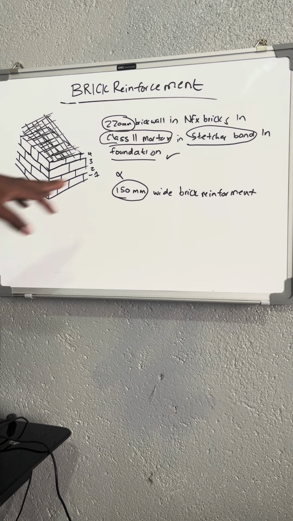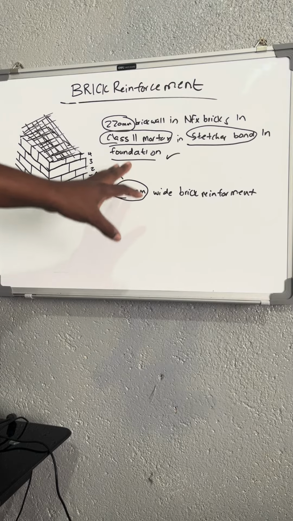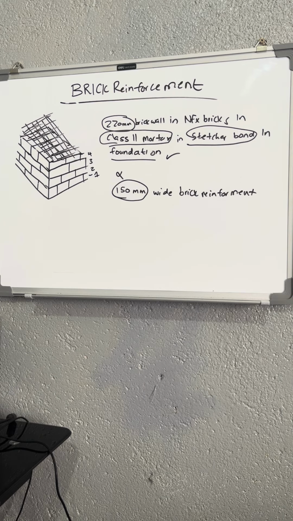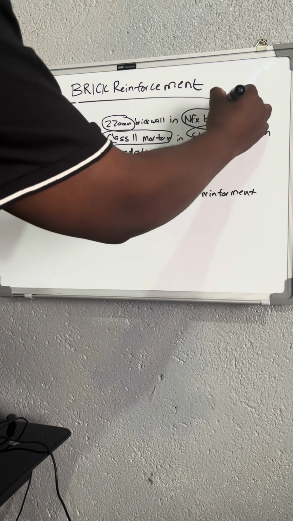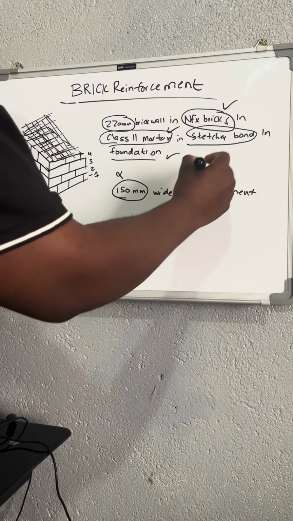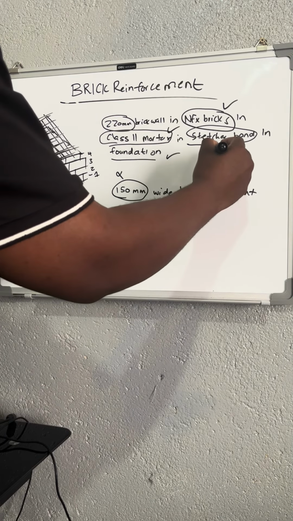Then if it's in superstructure, you can mention that it's definitely in your superstructure, but that's mainly how the calculation is. You talk about the brickwork, you also describe the types of bricks, the mortar, the bond, and where it is: is it foundation or is it in your superstructure?